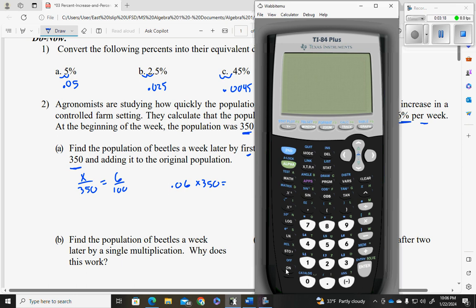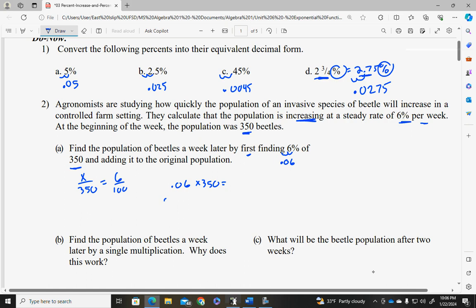So on our calculator, 0.06 times 350 is 21. So remember, this is about the population of beetles increasing. So it means that in the first week it increased by 21 beetles.